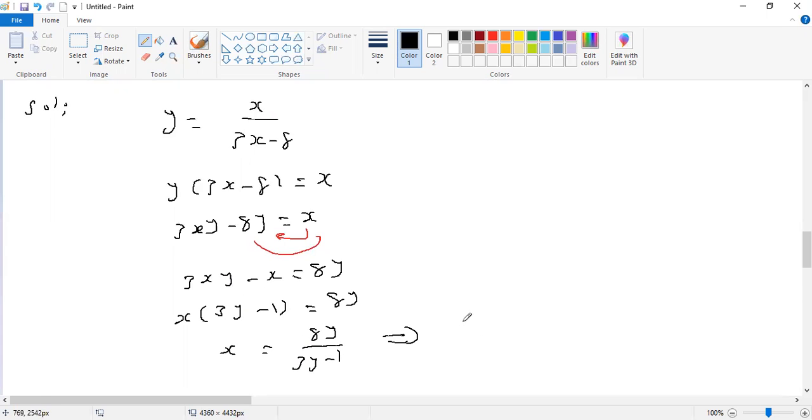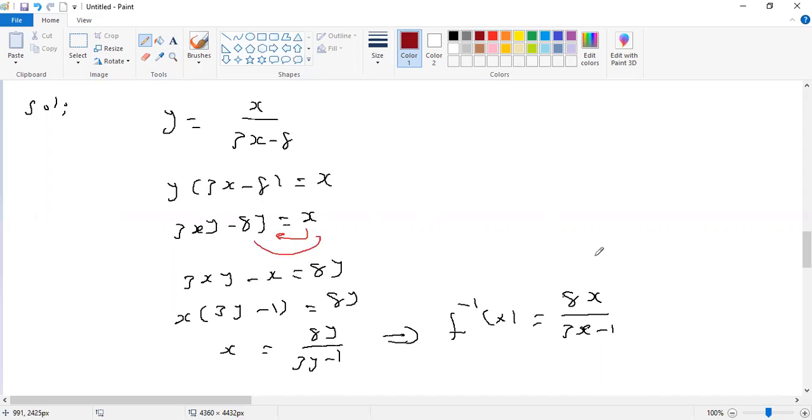So what is the inverse now? F inverse of x equal to, 8y, 8x change to what? Over what? 3y, 3x minus 1. Now this one represents the inverse. So 8x over 3x minus 1.